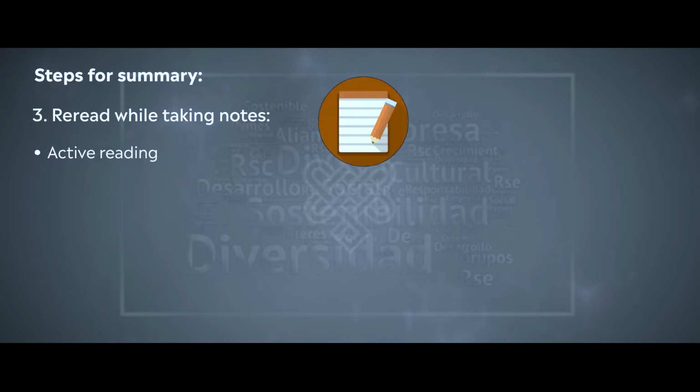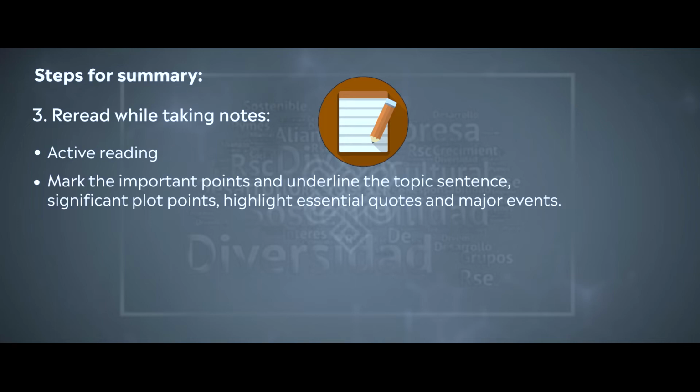reread while taking notes. Now, when you talk about taking notes, it can be done mentally. You can just picturize that. But when you reread this time, it has to be active reading. What does active reading mean? You have to mark the important points when you're reading that text. You have to underline the topic sentences.